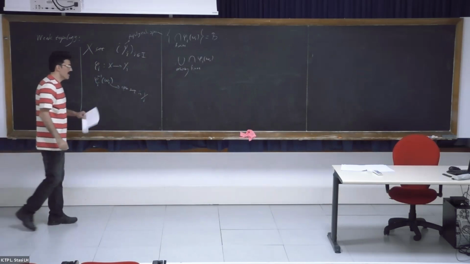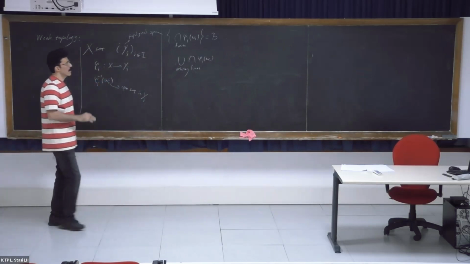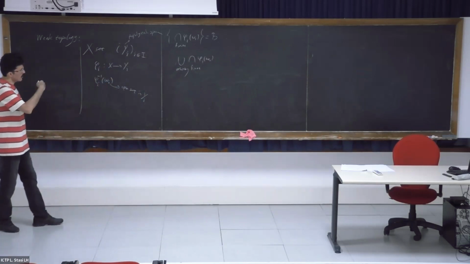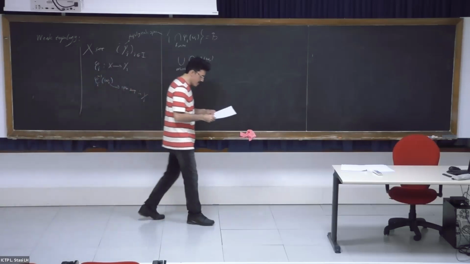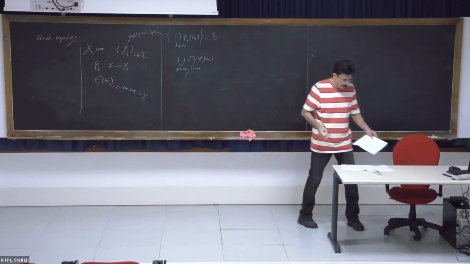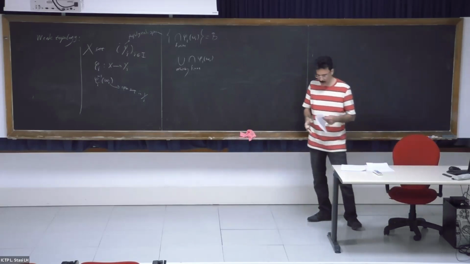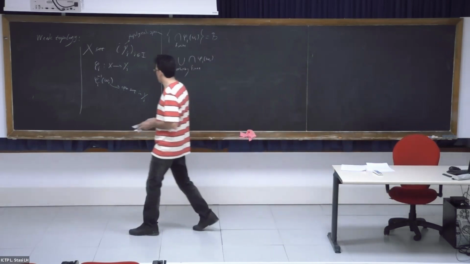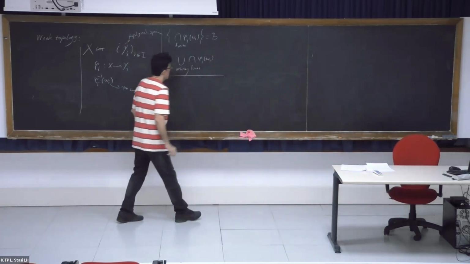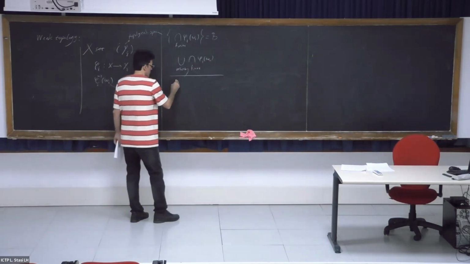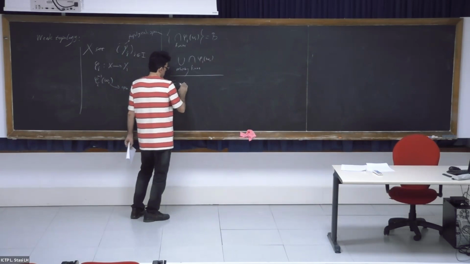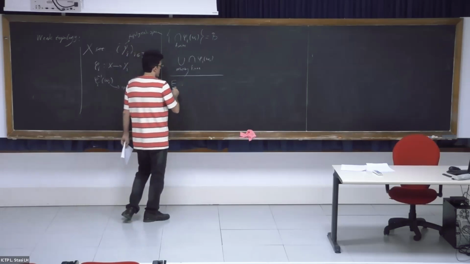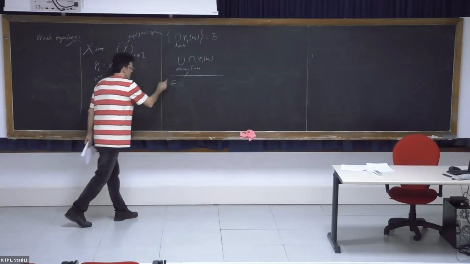This topology is called the weak topology with respect to the functions phi i. And we use it in a simple way. Indeed, let E be the normed space that we had before, so this is the X for us.